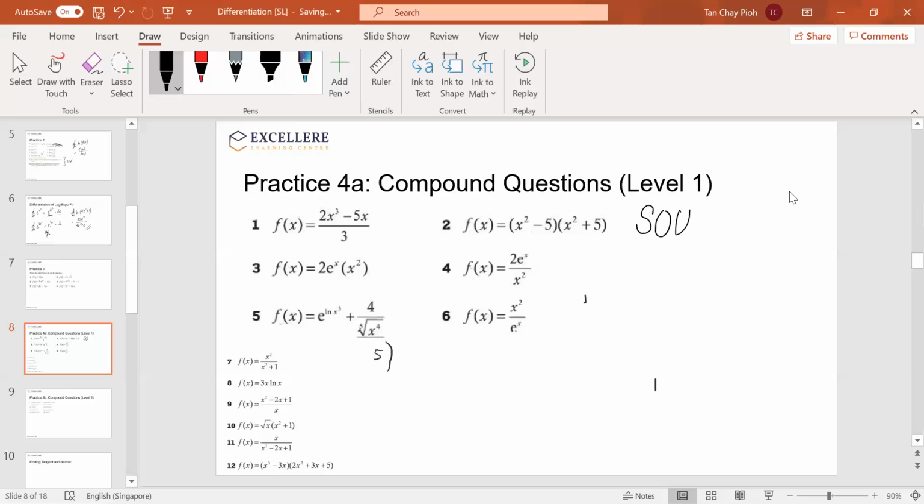Okay, so can I bring this to y equals to... no wait, let me. Is it 3 ln x?